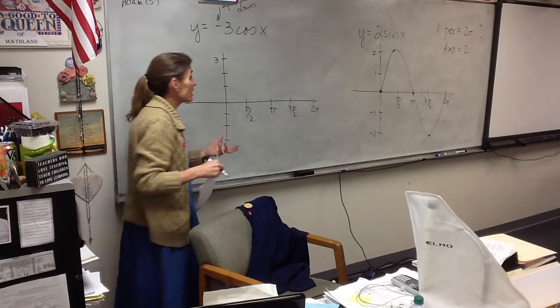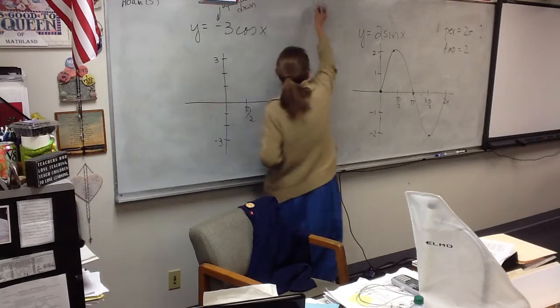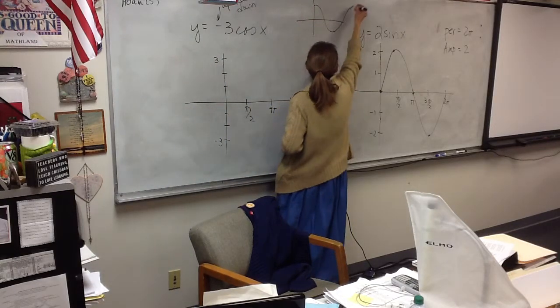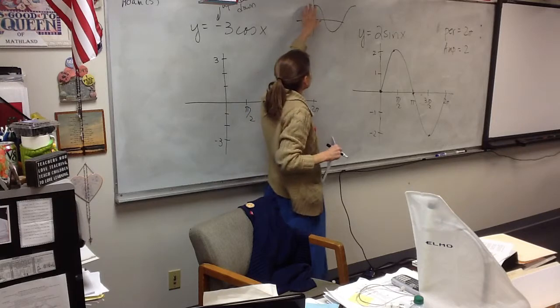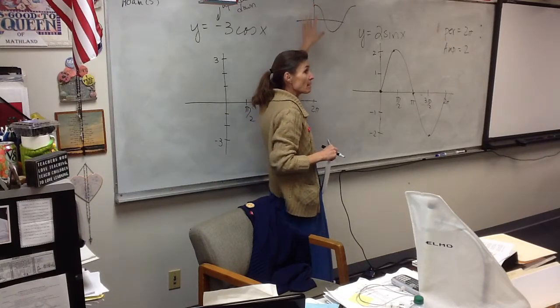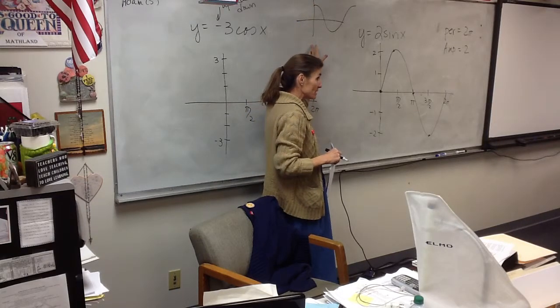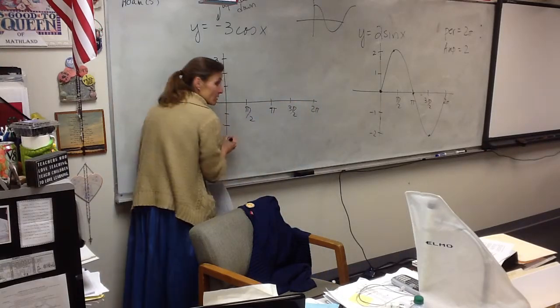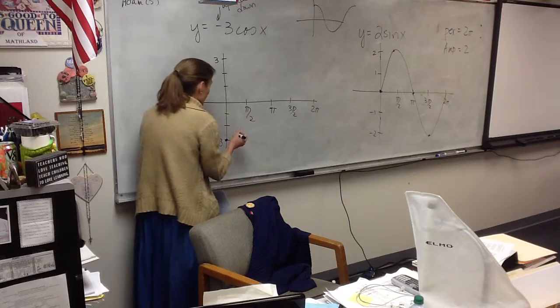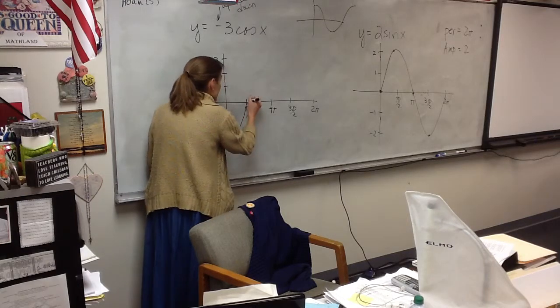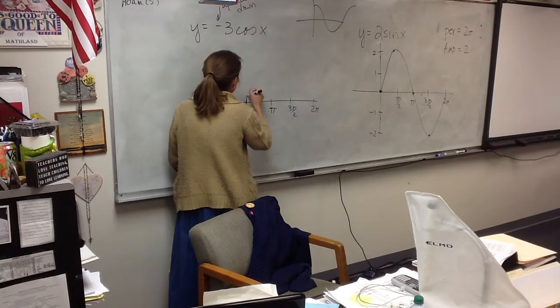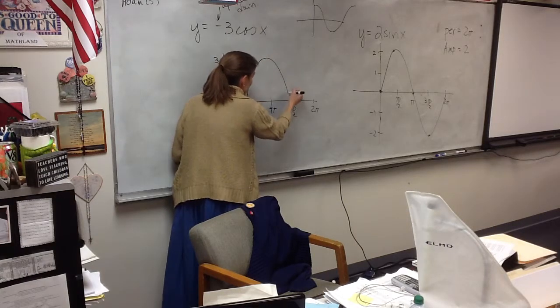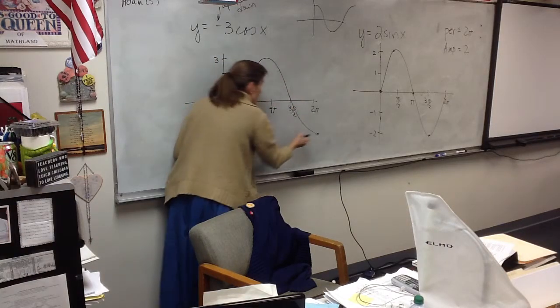That means that instead of starting at the top of the hill, this is what my normal cosine looks like. Instead of starting at the top of the hill, I'm going to have to start at the bottom of the valley. So I'm going to start down here. I'm going to come up to this point, then I'm going to come up to this one, down here, and finish down here.